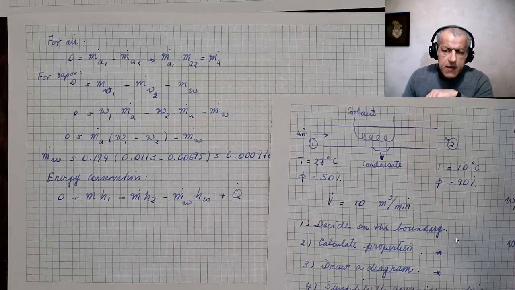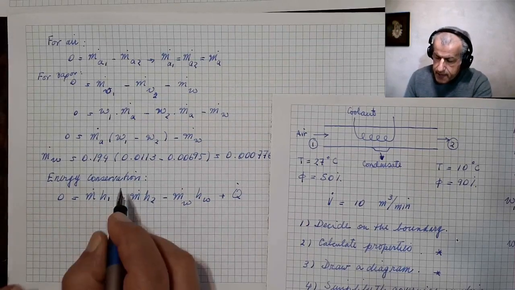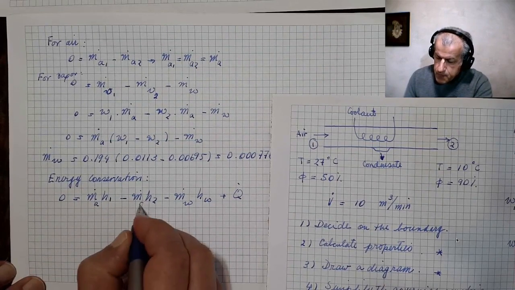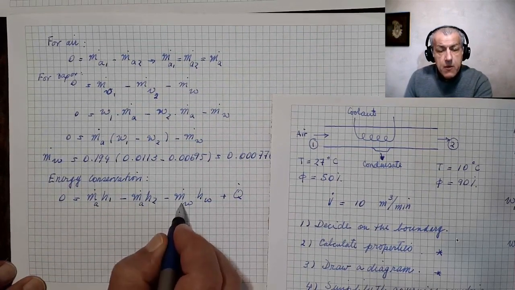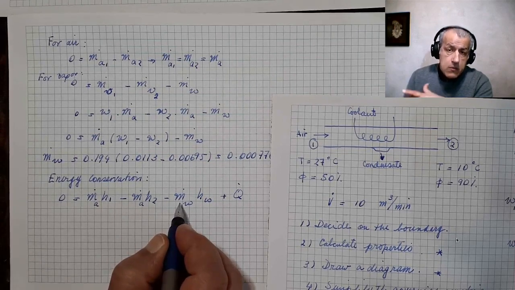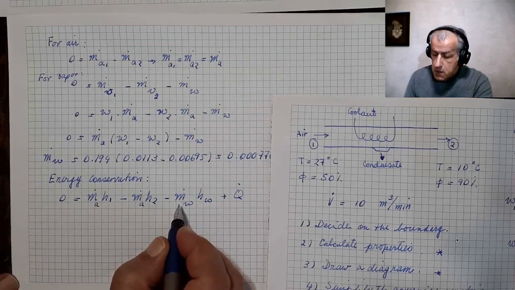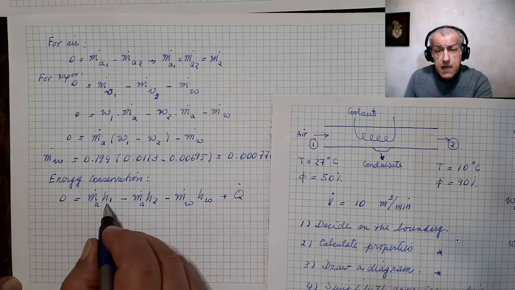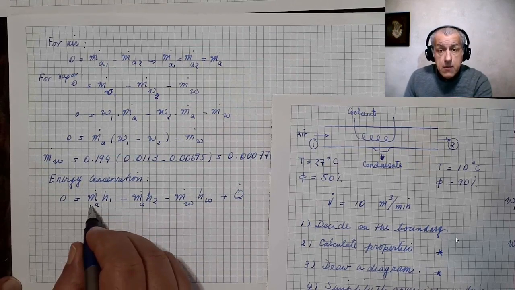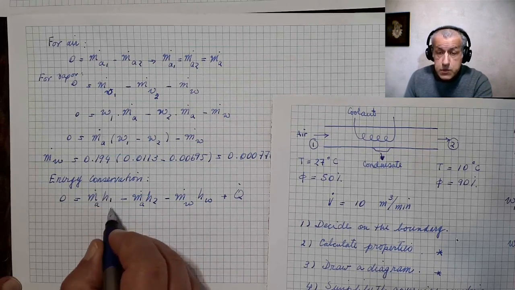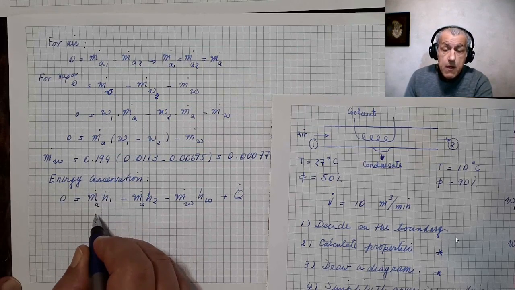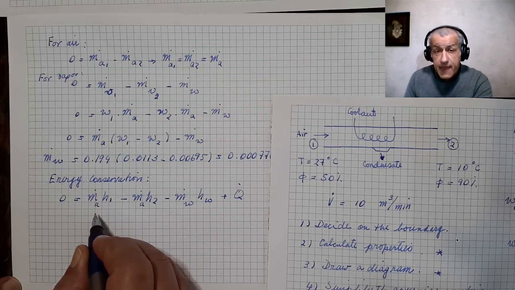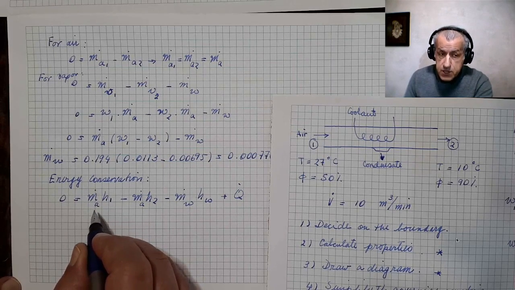Please remember that we need to put mass of air here. This is mass of water, which is the water condensate going out. But here we need to put mass of air, since this is the enthalpy per unit mass of air, and once it's multiplied by the air mass flow rate, then it would produce the total enthalpy of water vapor plus air in the mixture.